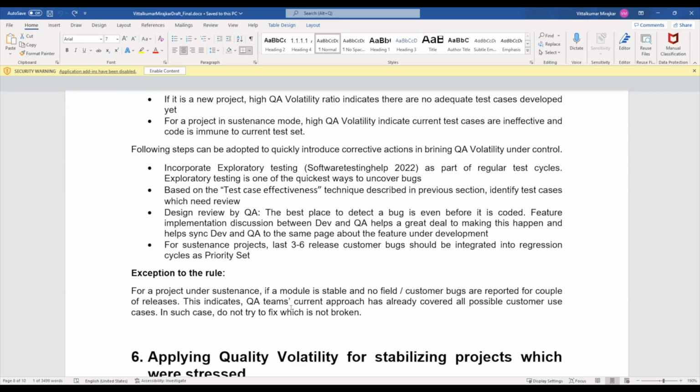Now for this exploratory testing, what are the topics that we picked up? Basically, we picked up the last 3 to 6 releases of customer bugs reported. We started building use cases around them, and we manually ran through them at a much faster pace while the automation team was working through the backlog of automating them. This is the first change that we did.